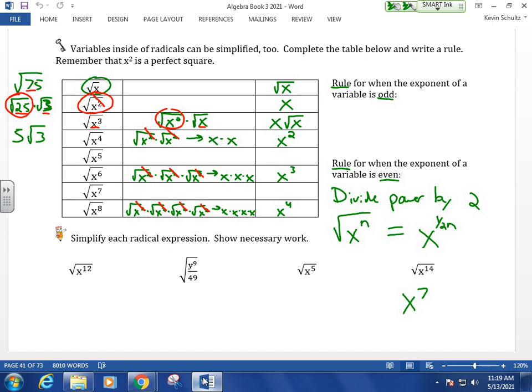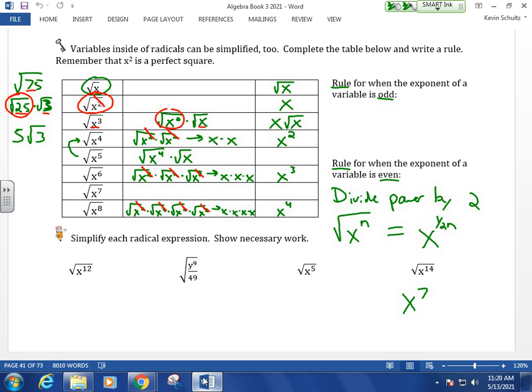Because once you get that rule for the even powers, the odd powers, which bring a little bit something different, we can work with them now. Because that root of x to the 5th, instead of saying how many x squareds I can pull out of here, I know that x to the 4th is a perfect square. So I'm going to rewrite the root of x to the 5th as the root of x to the 4th times the root of x. Right? This works because 4 plus 1 equals 5.